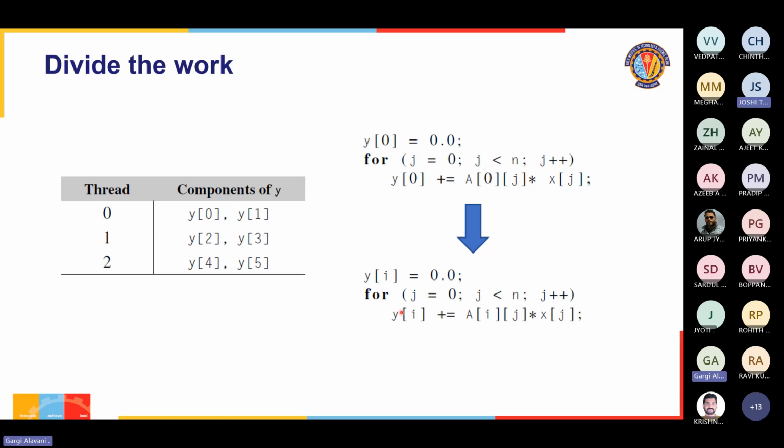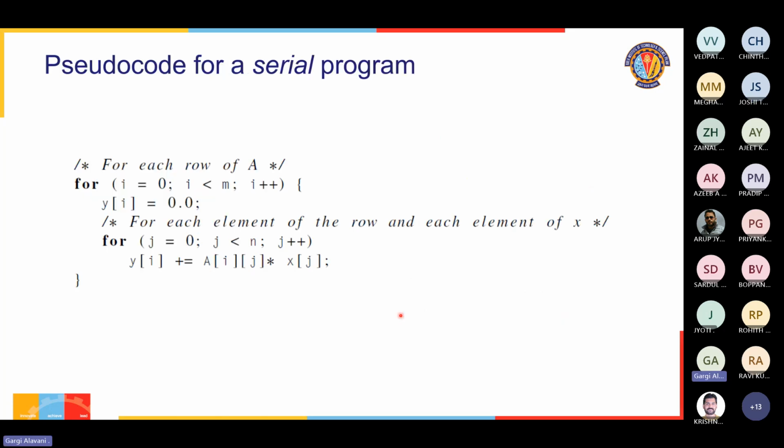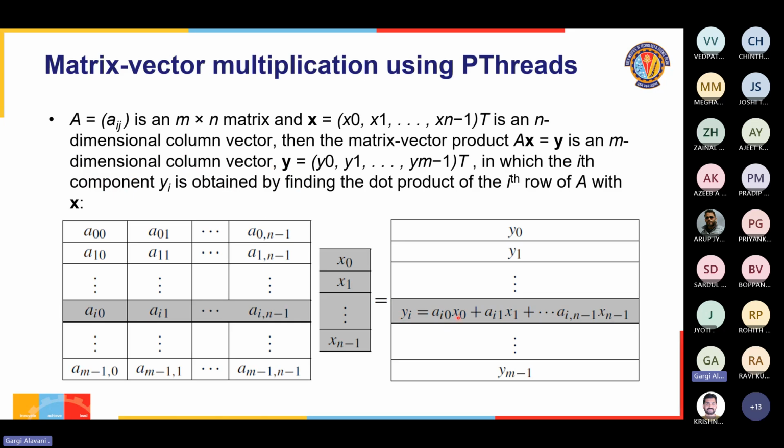Yeah. Because as you can see here, y of i is equal to a of i 0 x 0 plus a of i 1 x 1 plus and so on. This is the formula, right? So we have to sum over j is equal to 0 to j is equal to n. Okay, is it clear?